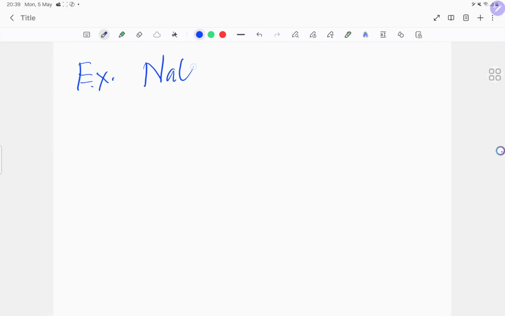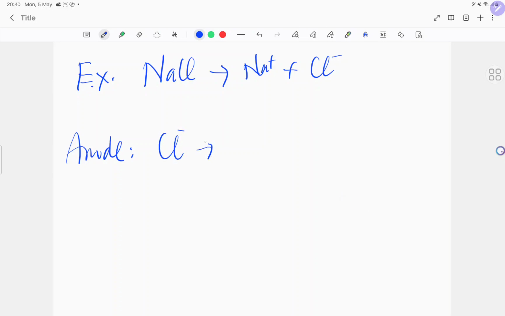You've got NaCl dissociating into Na plus and Cl minus. What happens at the anode? Cl minus doesn't have O, so it comes to the anode and becomes Cl2.